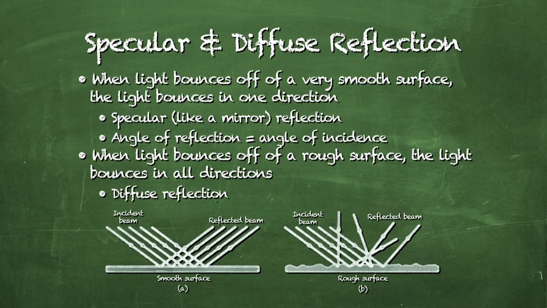We call this specular reflection, meaning it reflects like a mirror. And this is the case in which the angle of reflection is equal to the angle of incidence. Now when light bounces off a rough surface, like the image to your right, the light bounces in all directions, and we call this diffuse reflection.